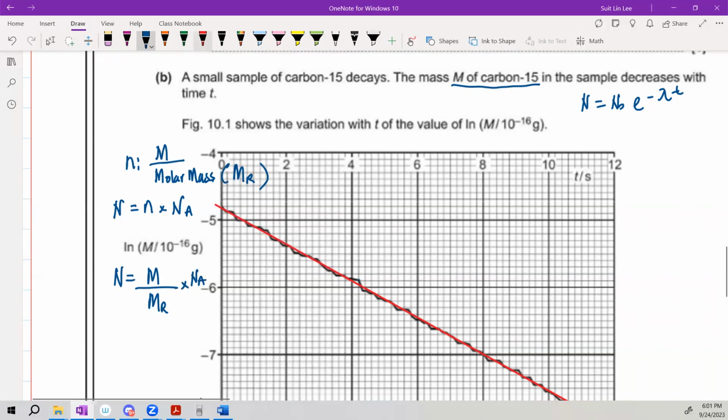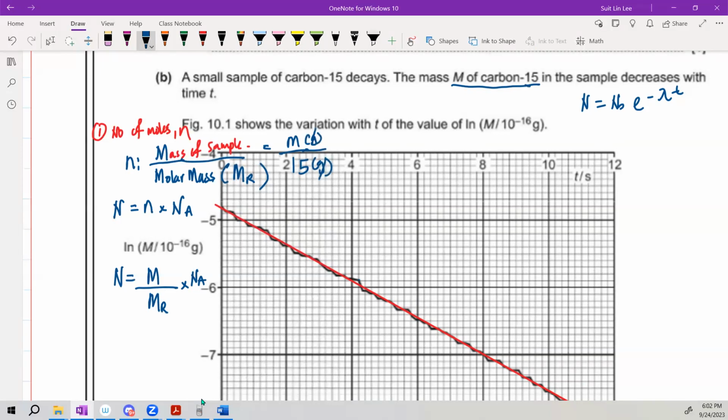Okay, so number one, number of moles, n. n is the mass of the sample divided by molar mass. Molar mass here is basically the number. In this case, the molar mass is carbon 15. So if you want to, you can even write this as m divided by 15 gram.